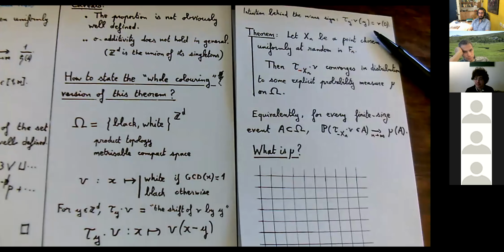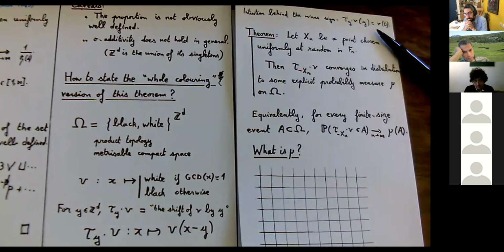So the equality I'm pointing at should be correct. And with the minus sign, it's indeed correct. V of y minus y is V of 0, but if I was putting a plus, it would be V of 2y, which is not what we want.